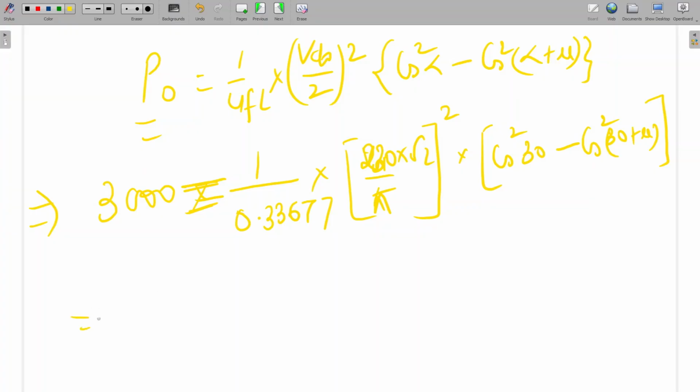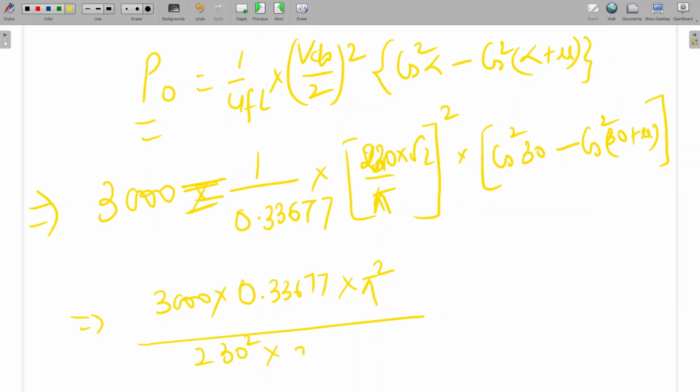So it will be 3000 into 0.33677 into pi square, divided by 230 square into 2, and it should be equal to cos square 30 minus cos square (30 plus mu).